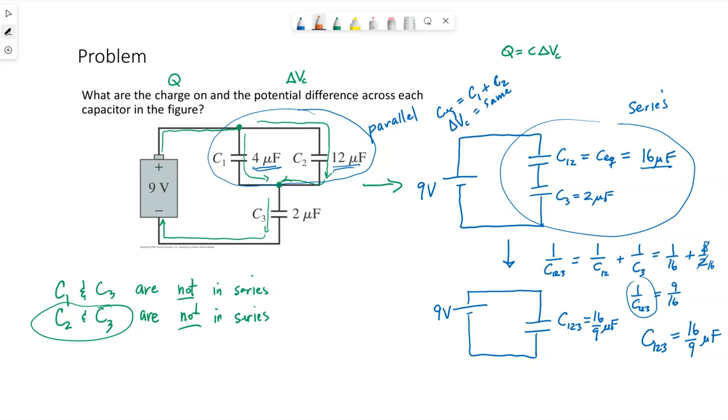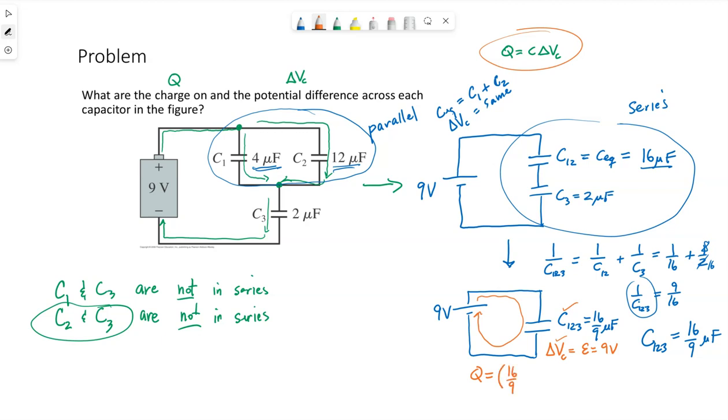When we have one single capacitor connected to a battery, the potential difference across this capacitor will be the battery voltage, so the 9 volts. If I know the capacitance and the voltage, I can use our trusty little equation up here and find the charge. This represents the overall charge that had to move around in the circuit to reach equilibrium.